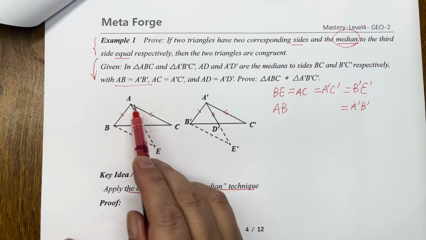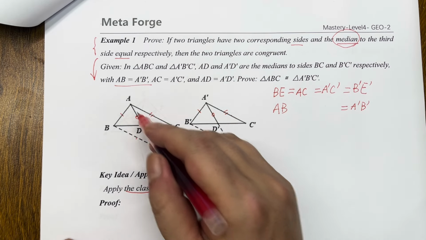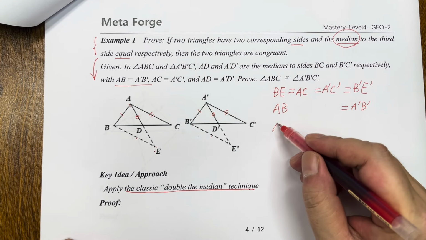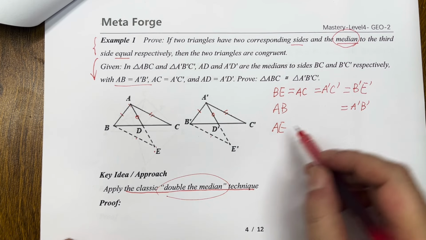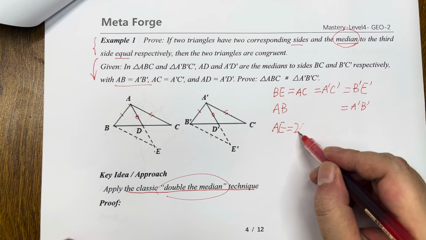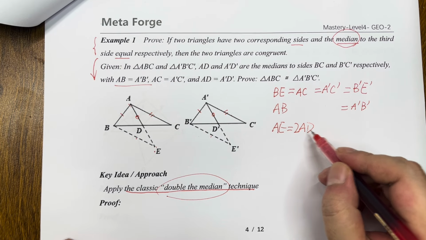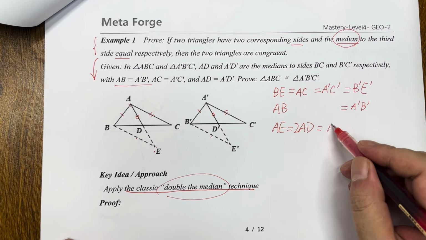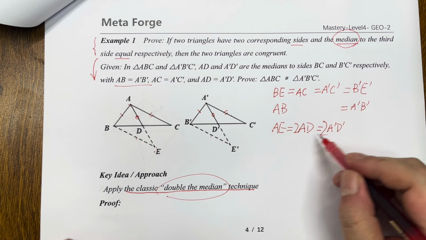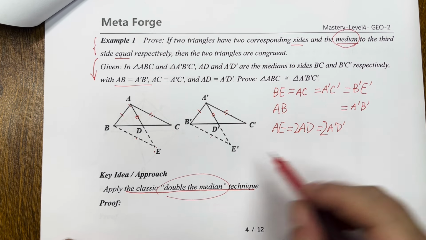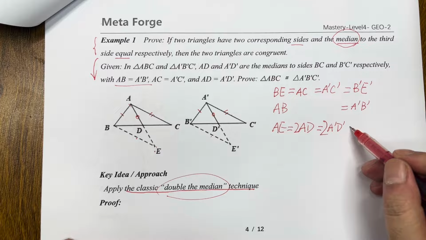The last side, AE: we doubled the median, so AE equals 2AD. AD equals A prime D prime, so double AD equals double A prime D prime.